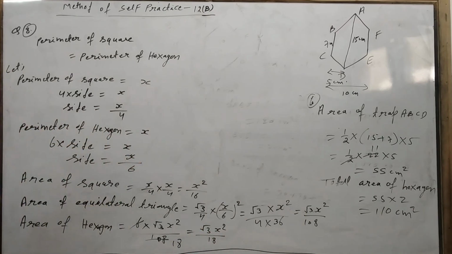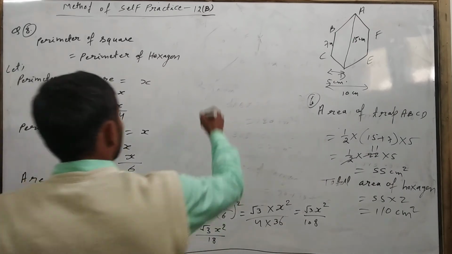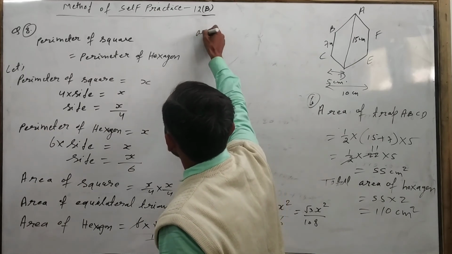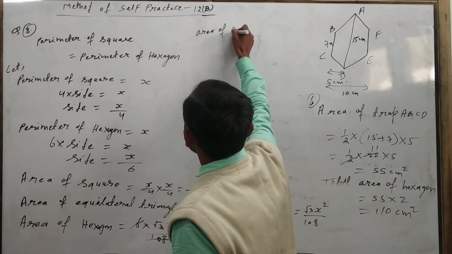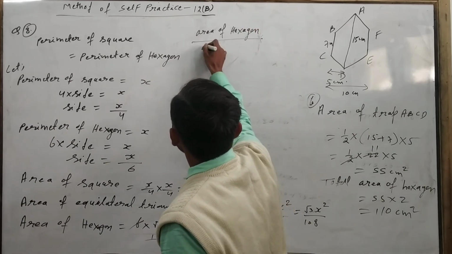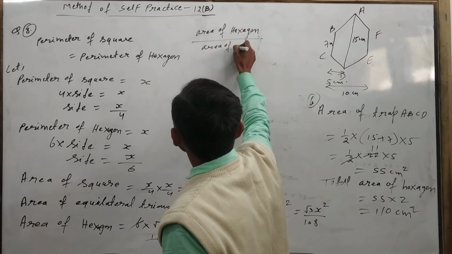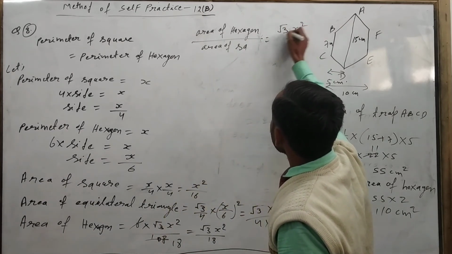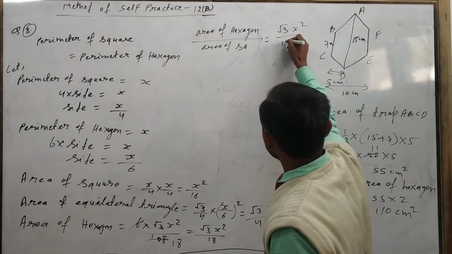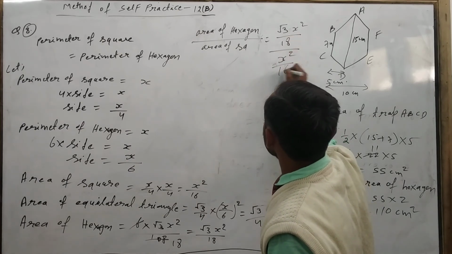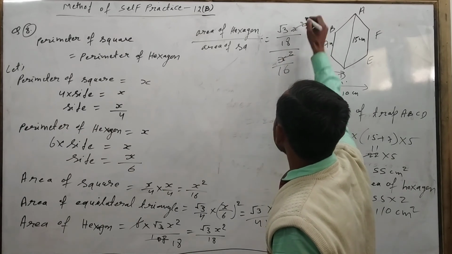Now we have to find the ratio of both: area of hexagon upon area of square. It will come root 3 x square upon 18 upon x square upon 16. The x square will cancel out.